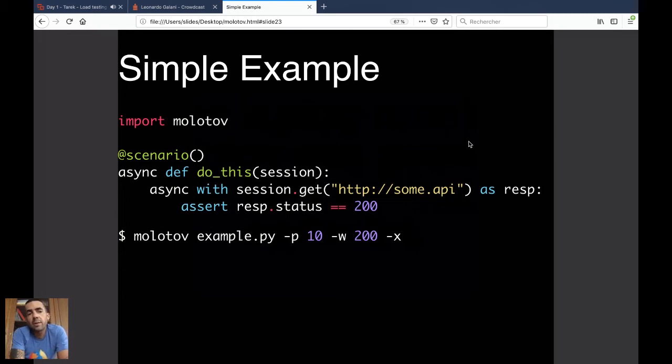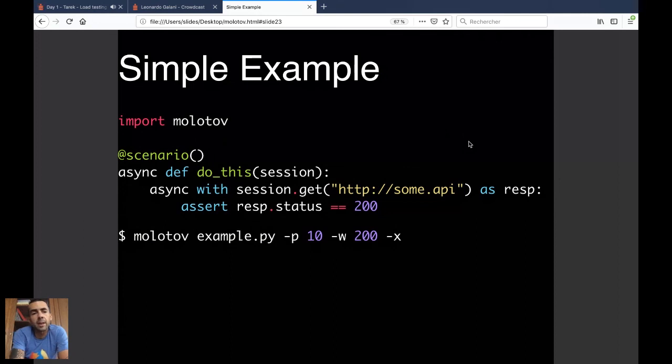And when you do that, you can use a session variable that's provided by the framework to do some testing against an endpoint. In this example, I'm just calling some HTTP API endpoint and checking that the status of the response is going to be 200.